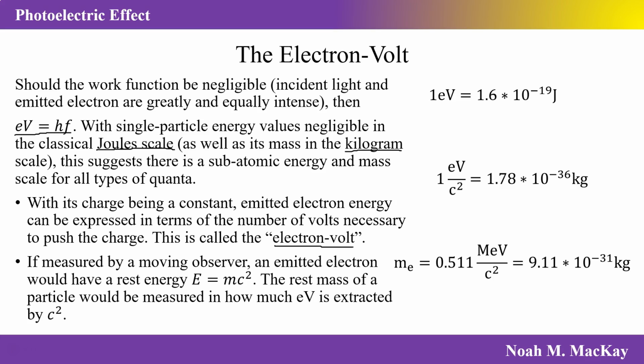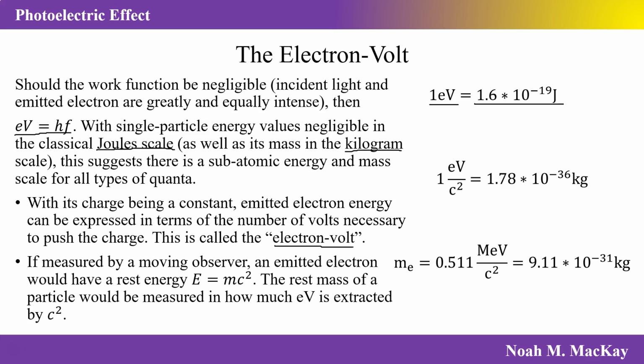When we define a single electron volt, it is the number of coulombs in the electron charge multiplied by a single volt. We recognize this magnitude as the charge of the electron. And if we multiply volts with coulombs, that is our joule. That's how we get a single electron volt.